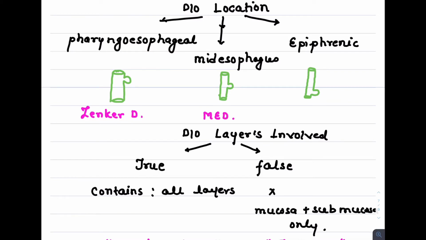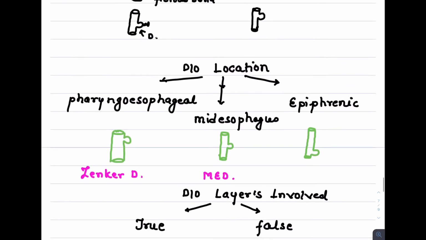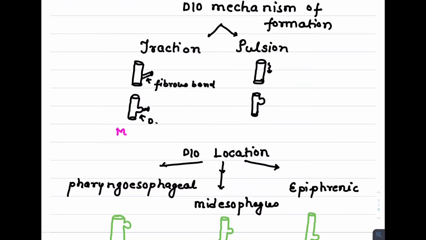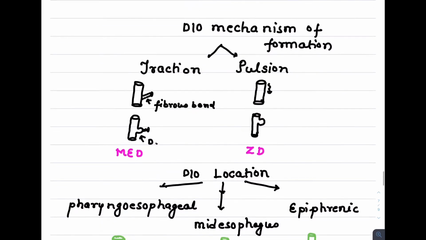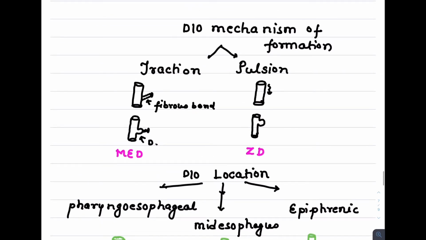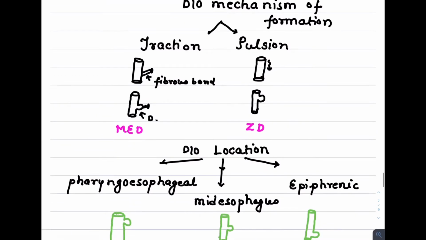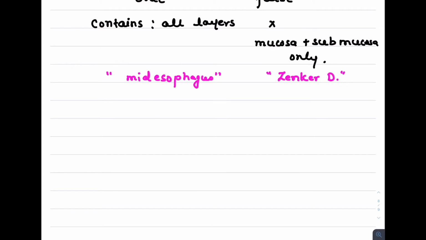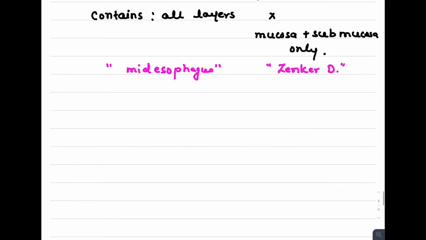Example of the traction diverticulum is again mid-esophageal diverticulum, and pulsion is the Zenker diverticulum. So now we can see that Zenker diverticulum comes so frequently, followed by mid-esophagus diverticulum.